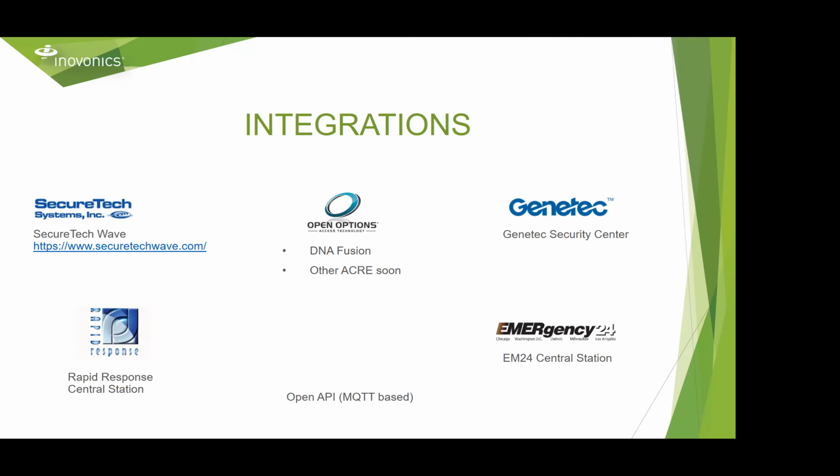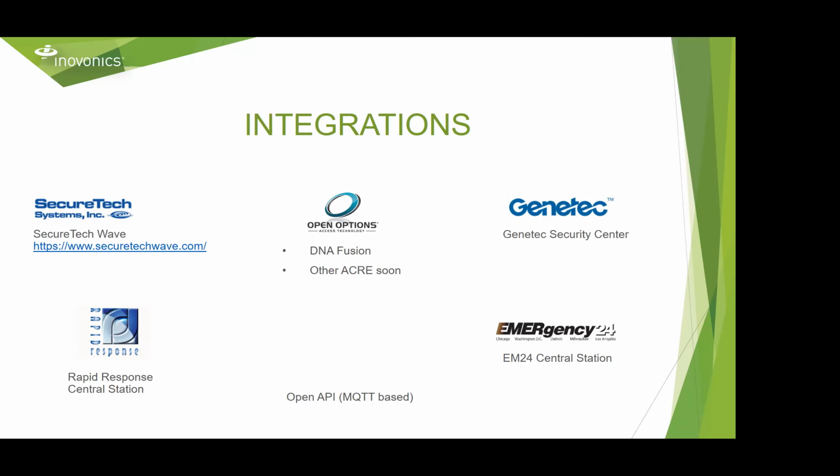SecureTech, the Wave, is a system that I would put in a category that I call specialty platform. And in that box, there's the Inovonics receiver. There's two-way radio communication capability so that those messages of alarms can be delivered to responders carrying two-way radios. And of course, all of the processing power is inside that box.